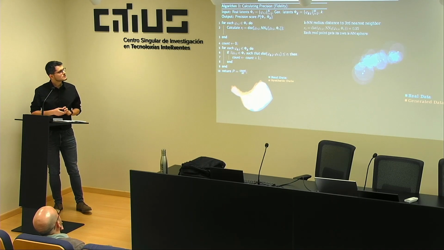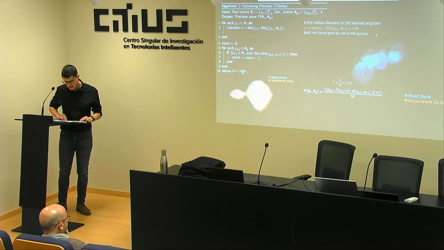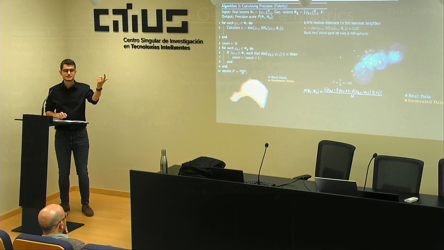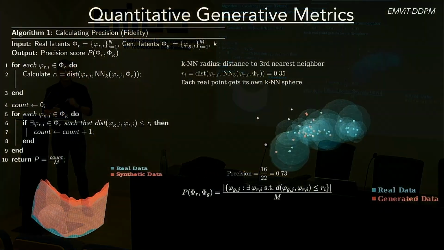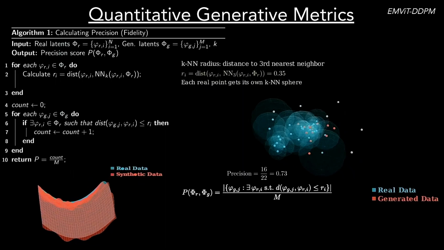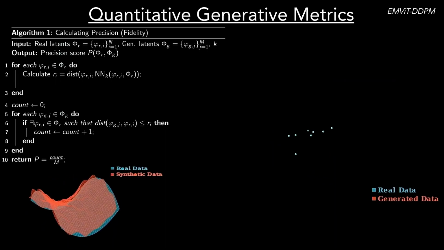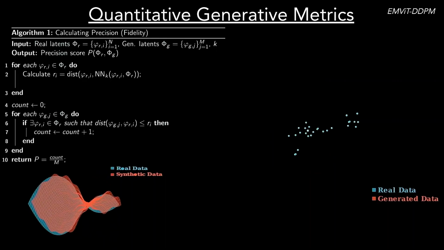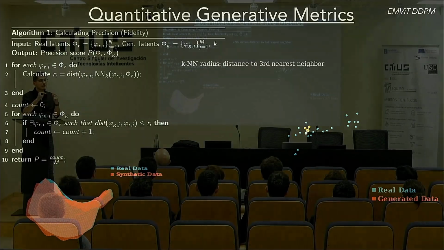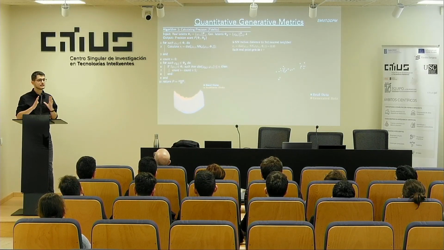Why? Because the first idea that we can have in mind is to think if our generated images are similar enough to our real images. So the idea that we are trying to assess is the fidelity. This is done through the precision metric, which tries to determine if our generated data are close enough to our real data.